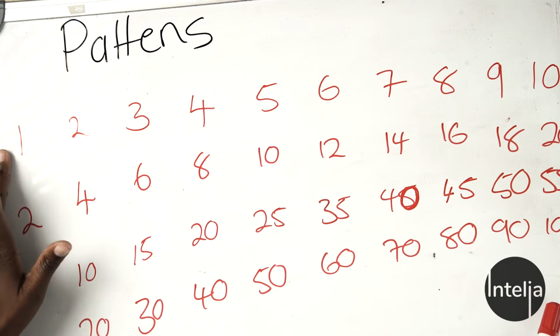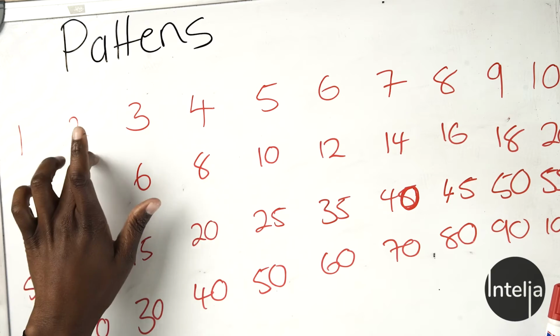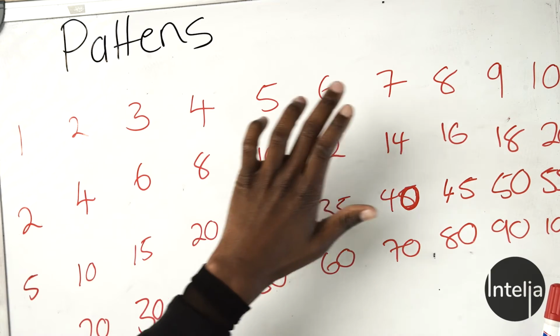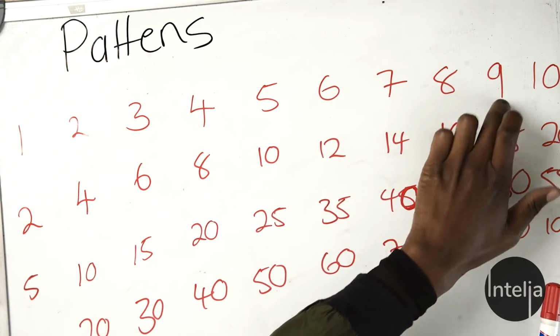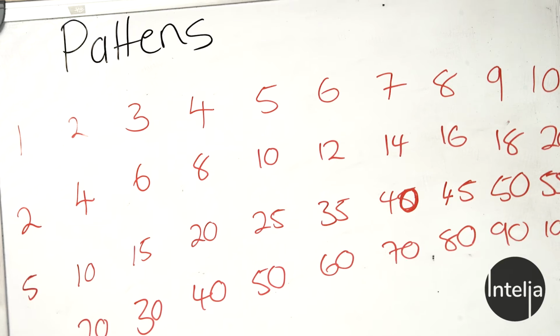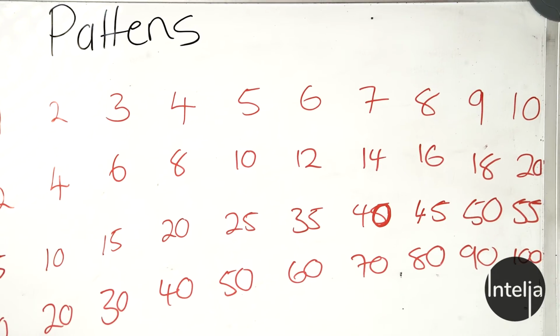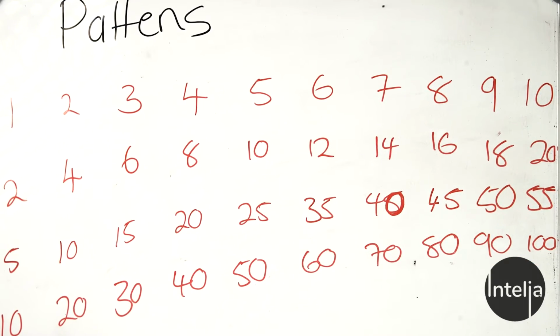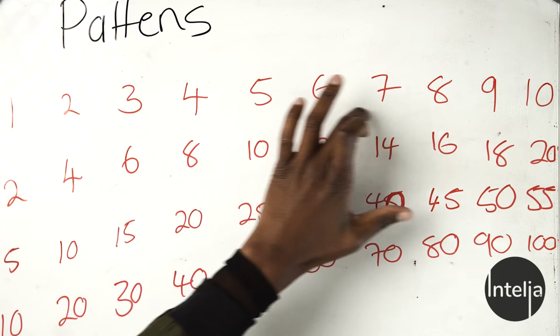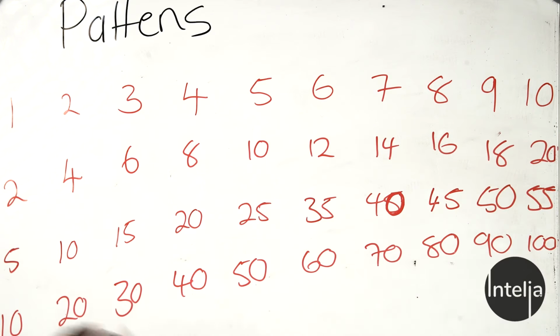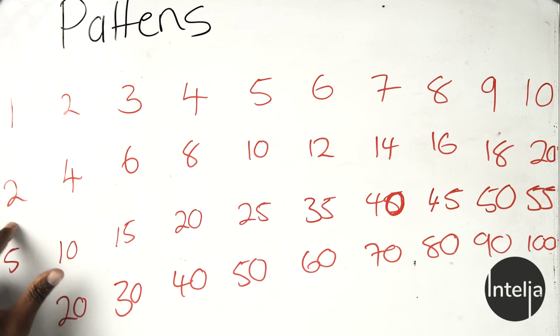When you're counting from 1, you say 1, 2, 3, 4, 5, 6, 7, 8, 9, 10. This is our pattern of numbers from 1 up to 10. And then you come to 2s.